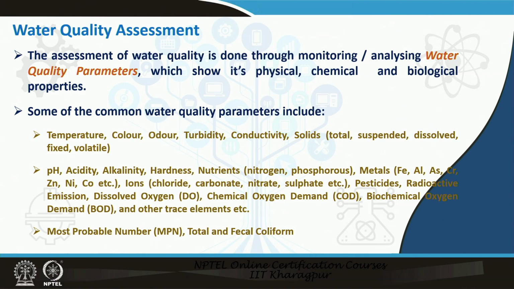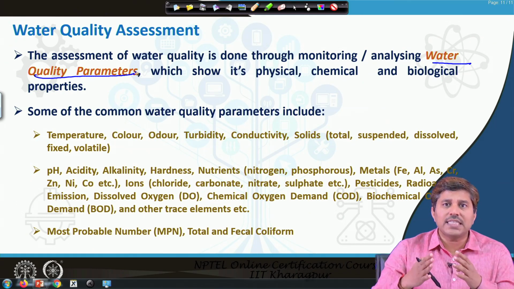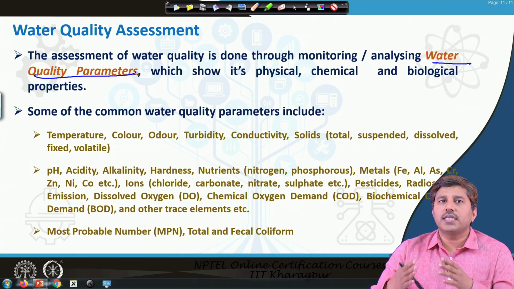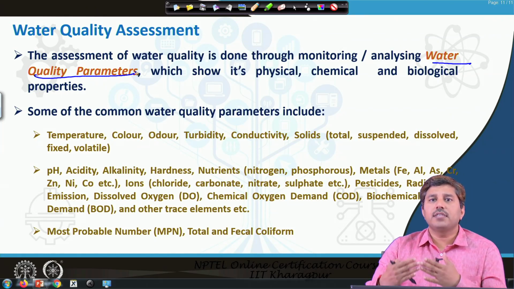The characterization of water is typically done in terms of these parameters, which show the value of each parameter in the water and help quantitatively estimate the characteristics of water, not just qualitatively, not just good, better, bad or does not look good kind of observations. Precisely, if we say that this water is contaminated, we can quantitatively tell what the level of contamination in this water is.